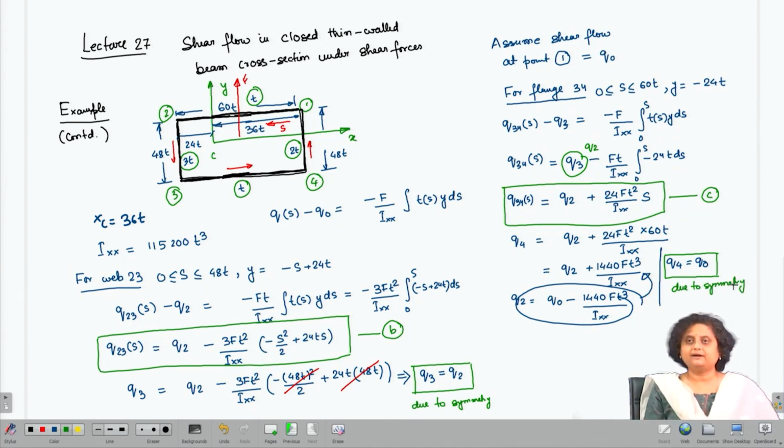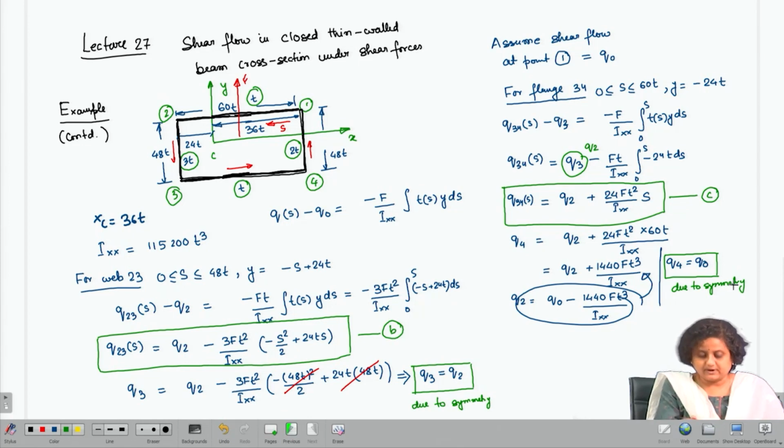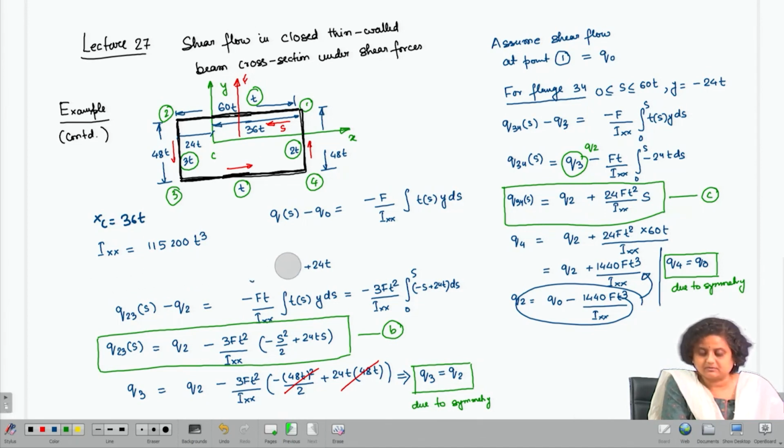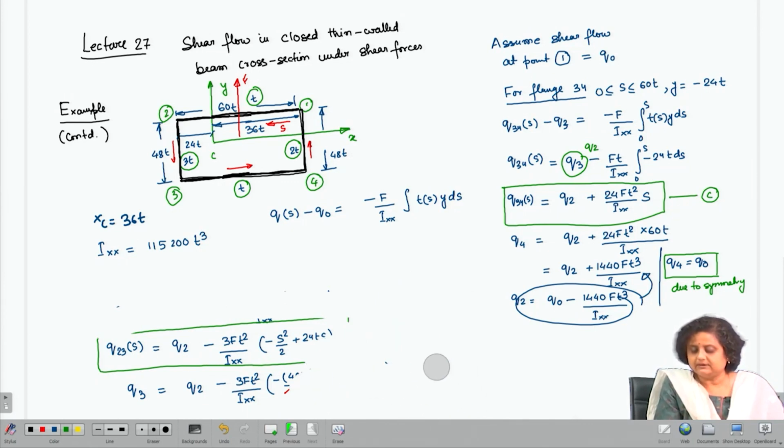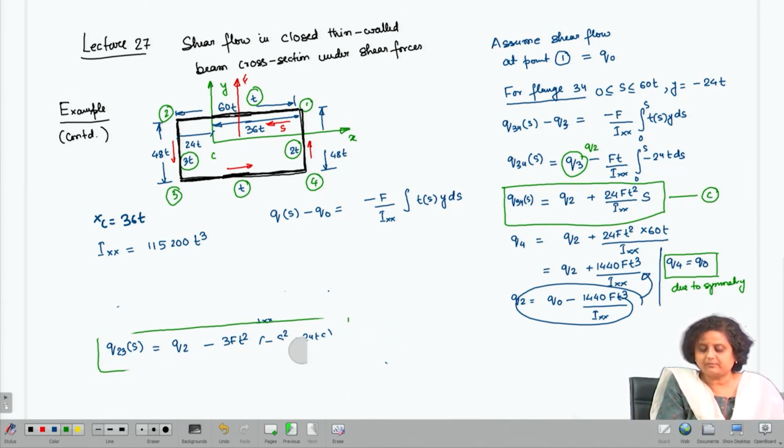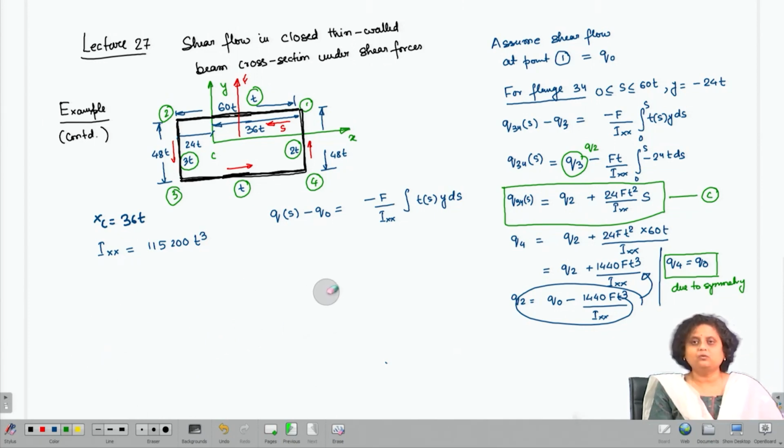So, we have figured out the shear flow distribution in 3-4. Now, let us try to find out the shear flow distribution in the web 4-1. We have also seen that the shear flows at the symmetric points are equal to each other, which also is a way to check that we have done the calculations correctly.